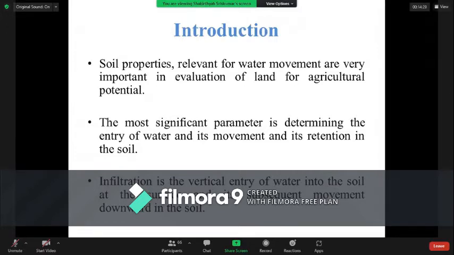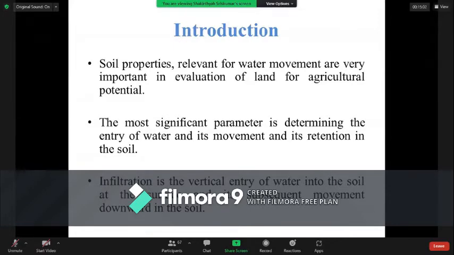If these vehicles go on that agricultural land, with the weight of the vehicle, the soil gets compacted. So before planting, what is the first thing you are going to do on your land? First thing is land preparation. You have to prepare your land for planting purposes. So first, you have to do the plowing.